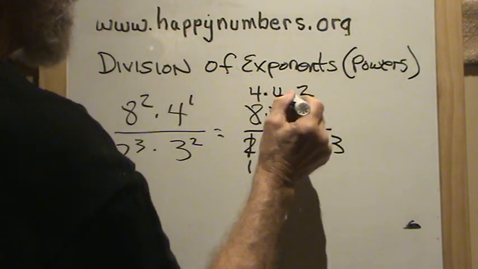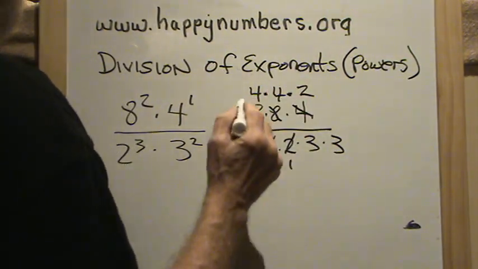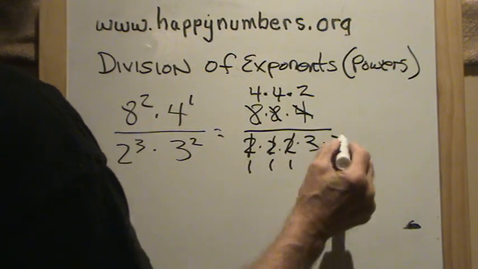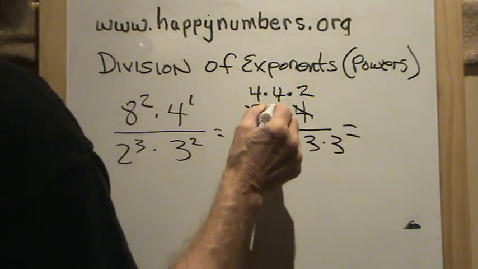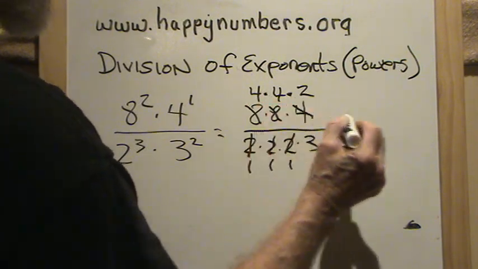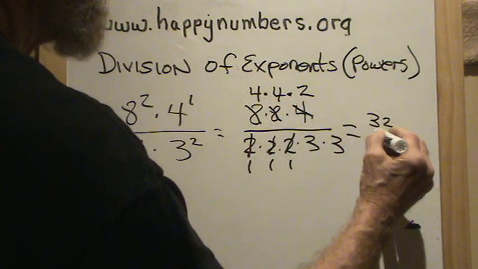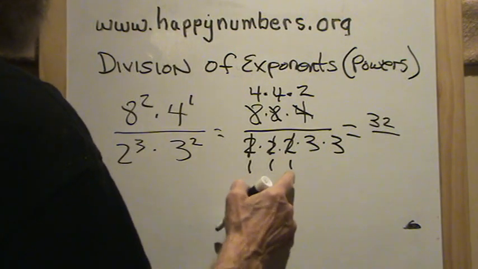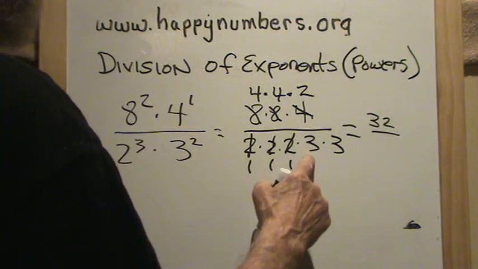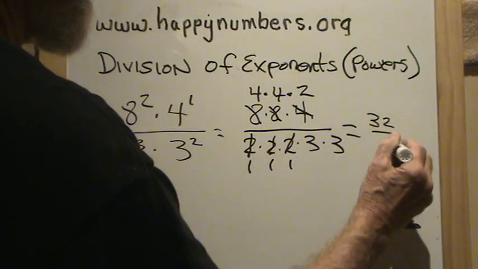This is multiplication. So now we have 4 times 4 times 2, and 1 times 1 times 1 times 3 times 3. 4 times 4 is 16. 16 times 2 is 32. 1 times 1 times 1 is 1. 1 times 3 is 3. 3 times 3 is 9.